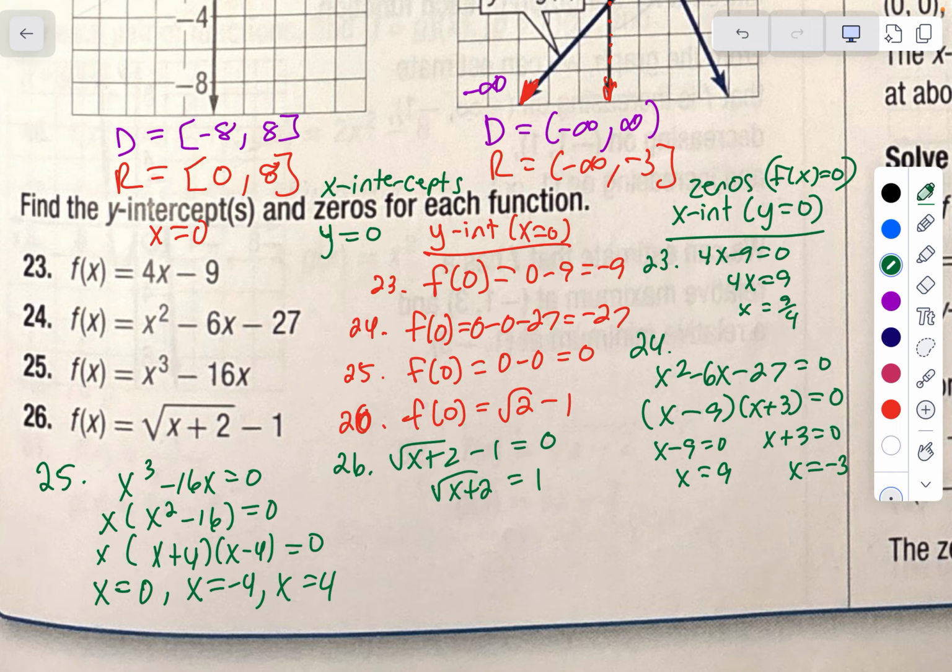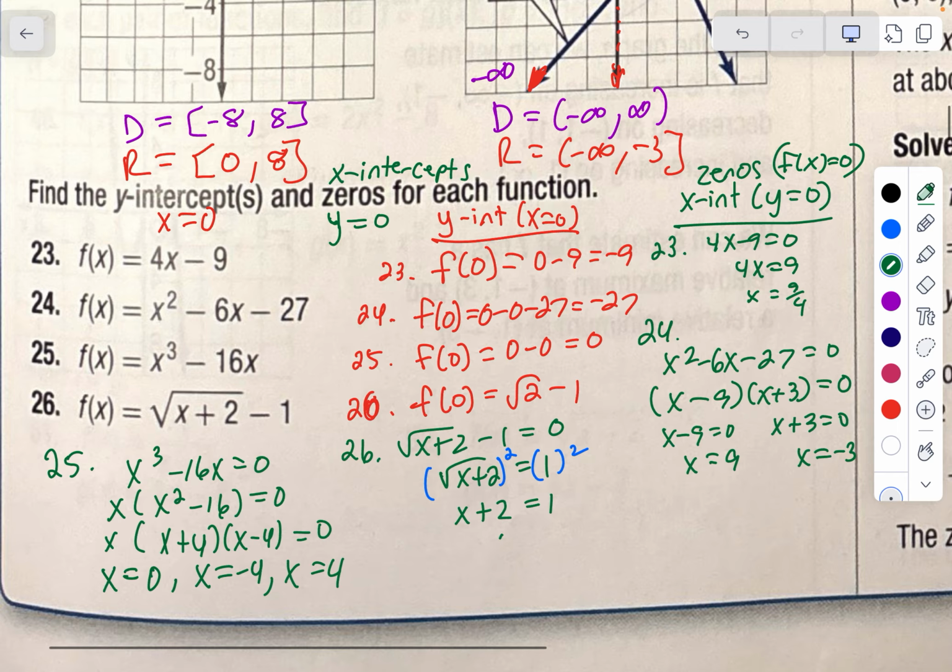So that -1 on the left becomes a +1 on the right. And then the way that you get rid of that square root is by squaring both sides. When we do that, the square root drops away, and then it becomes something very simple. And then you subtract 2 from both sides. You get x equals -1.